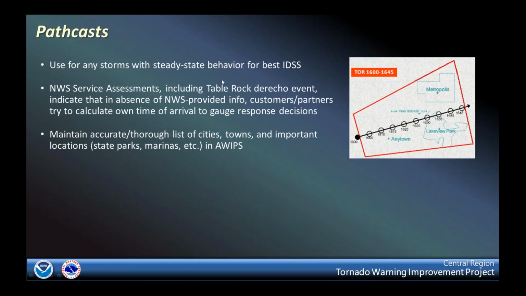Let's go to pathcasts. Obviously, we issue pathcasts, I think, most of the time. There's always talk about whether we should just have a list of cities or whether we should provide time of arrival information.